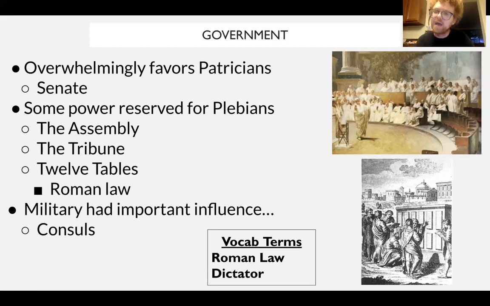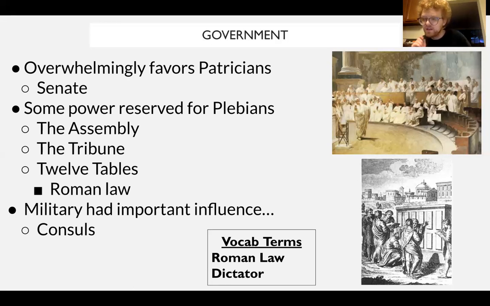But the consul has military power. But as time goes on, these consuls are almost exclusively going to be former members of the military. So we're seeing a break between the separation between the civilian government and the military government. These consuls increasingly are blending the distinction between the two.